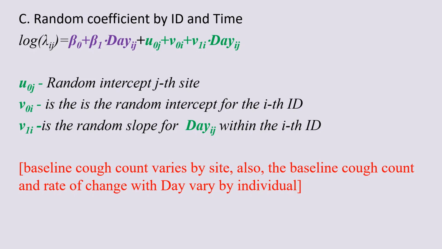For example, as these patients are on treatment, the coughs are expected to go down, the frequency is expected to go down. So that's the effect of time. And the individuals themselves might have their own characteristics, maybe the age, the sex, and things like that, that make the coughs change. So that's why this would be the best model for this study.